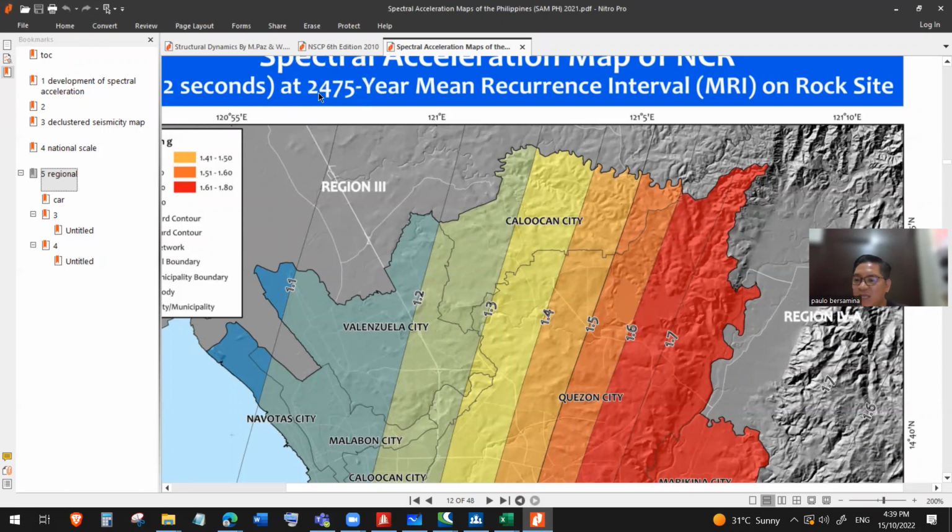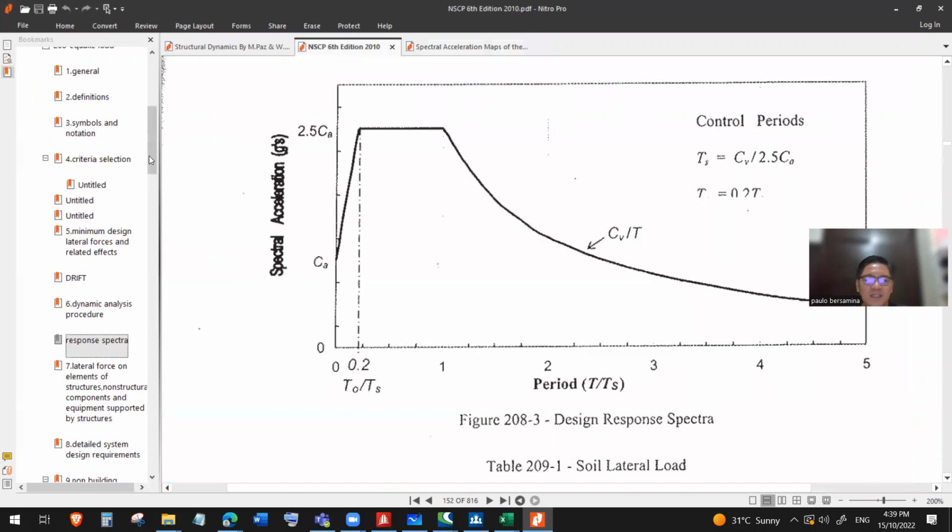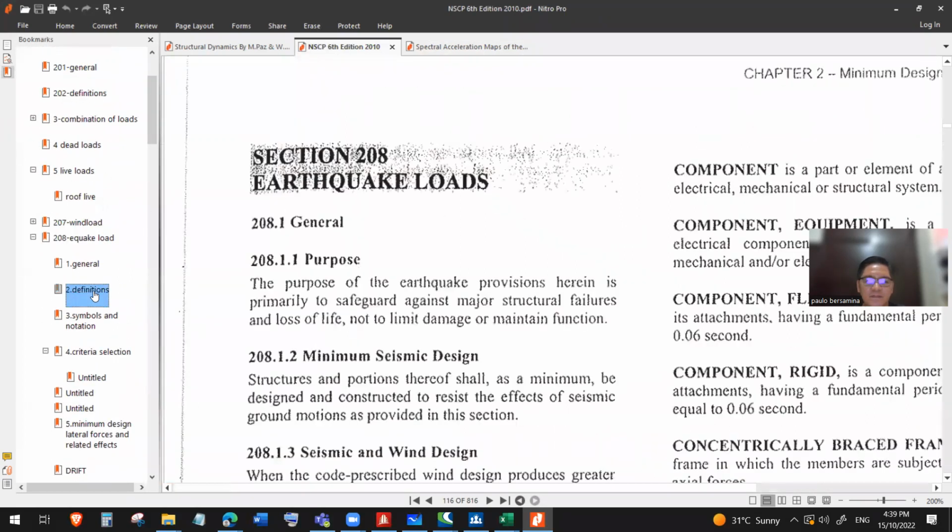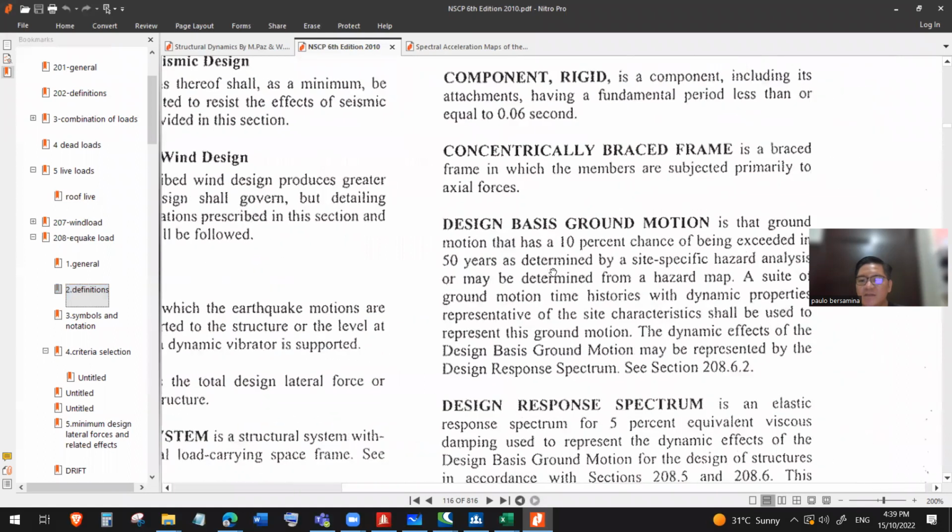Eh, tayo DBE ang ginagawa natin sa design. DBE is from the definition: design basis ground motion has a 10% chance of being exceeded in 50 years. Kaya nga, I need to, or you need to convert this into a return period.